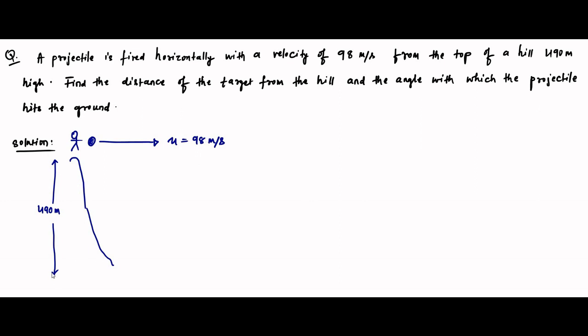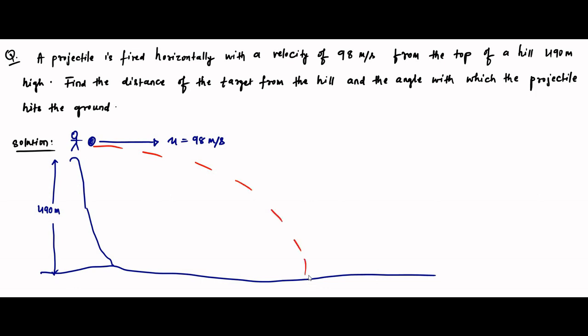Okay, so this is the ground. The projectile undergoes parabolic motion, a trajectory, and let's say it strikes here.